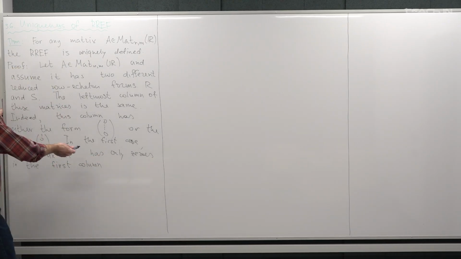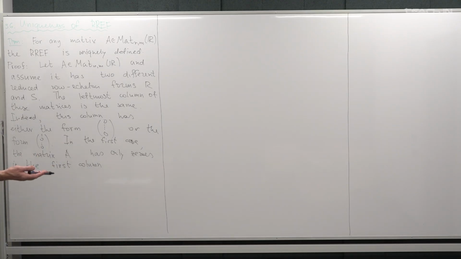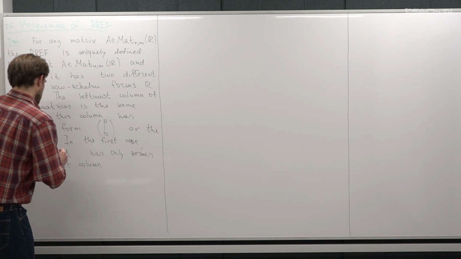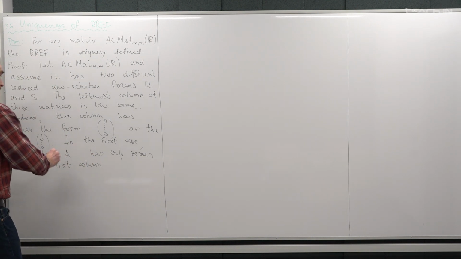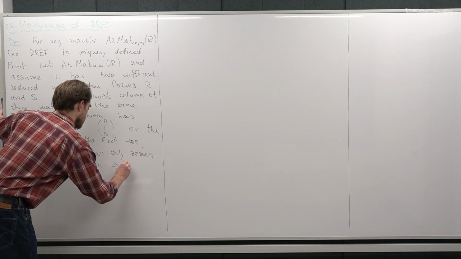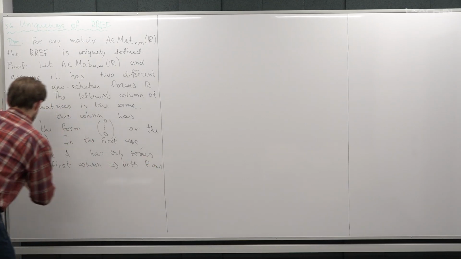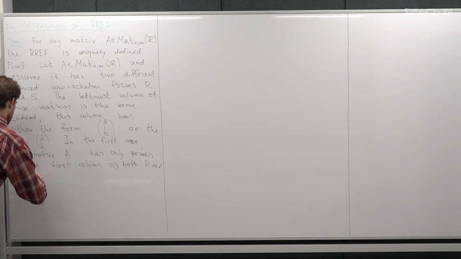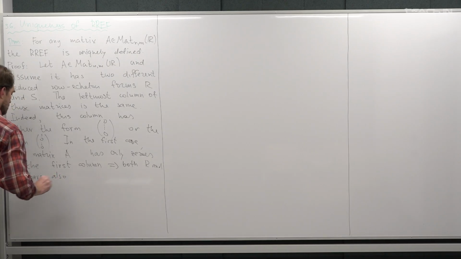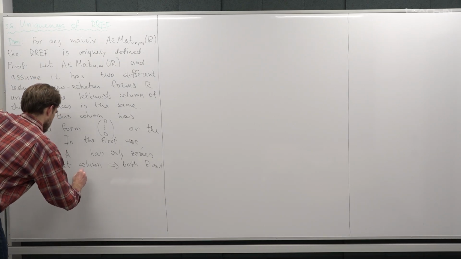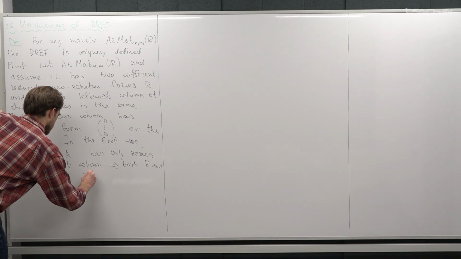And since there is at least one zero element, it is also not possible to get rid of it by bringing our matrix to another reduced row echelon form. So this means that both R and S have also a zero first column.